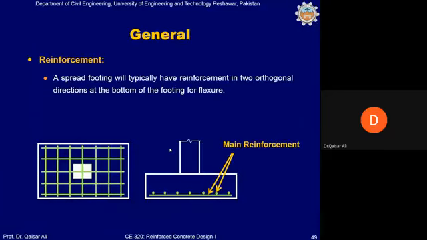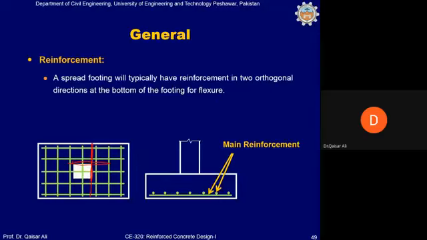The reinforcement will be placed along both directions, along this direction as well as along this direction, because tensile stresses will be produced along both orthogonal directions. Now this column footing can be designed by assuming that there are two cantilevers, one in this direction and another along this direction.